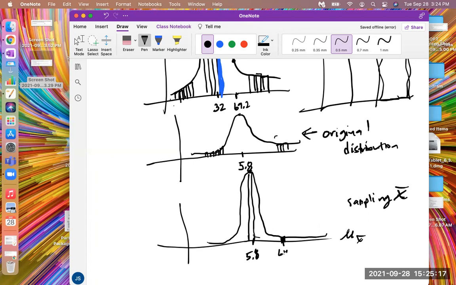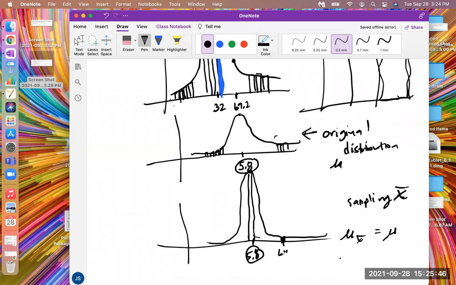When I put mu x bar, I mean the mean of the sampling distribution is equal to the mean of the original distribution, and for the mean of the original distribution I'm going to use a mu symbol. So I'm just saying this 5.8 is going to stay the same. The height of that rectangle in the original distribution is the same here, which means you're going to use the same mean that you used before in the first part of this problem.